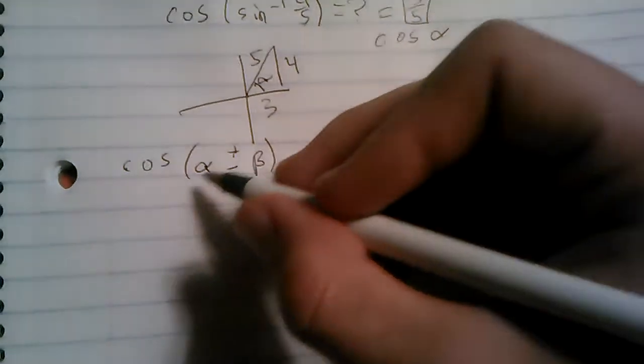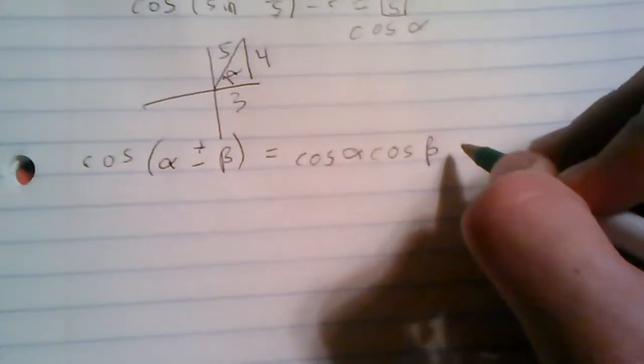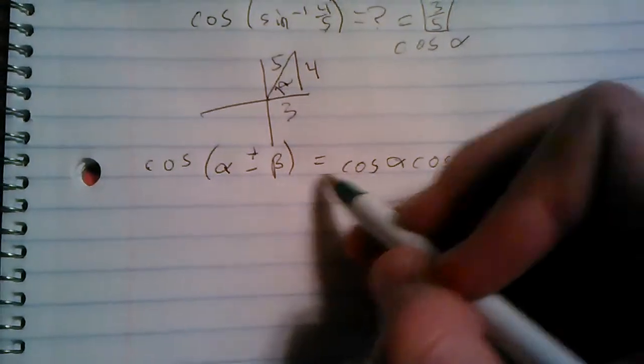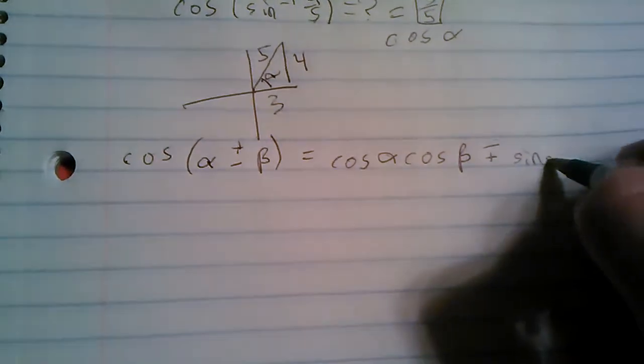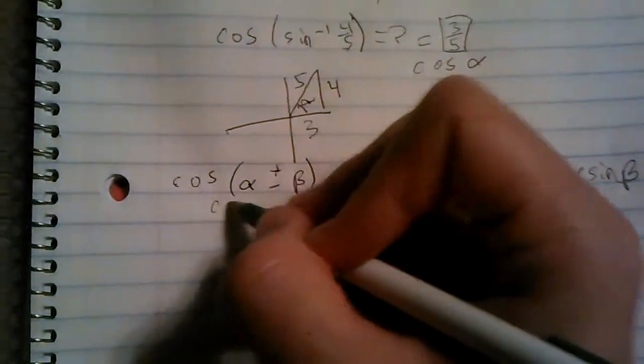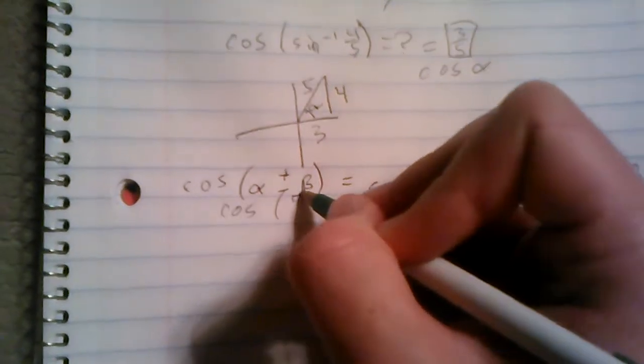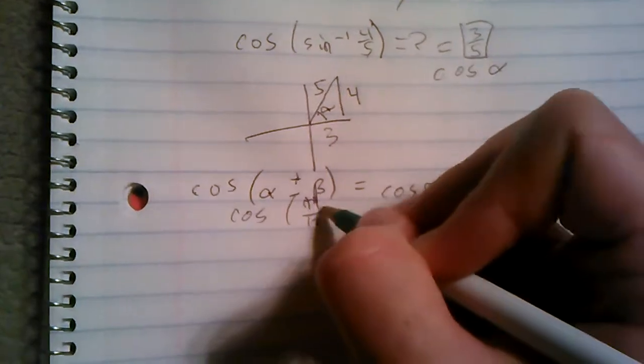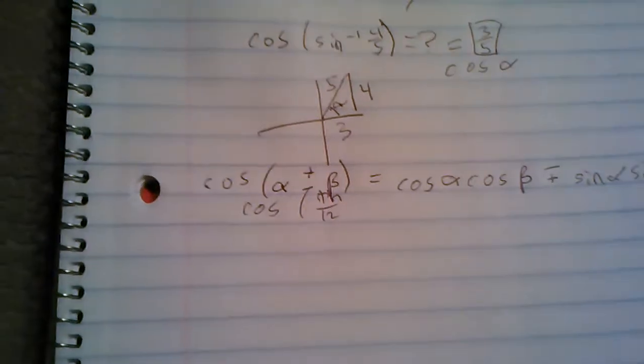So you got alpha plus or minus beta, so this is going to be minus or plus. If this is alpha plus beta, this is going to be a minus. If this is alpha minus beta, that's going to be a plus. Minus sine of alpha, sine beta. And that's mostly useful for something like cosine of 11 pi over 12, and you could work it out from there.